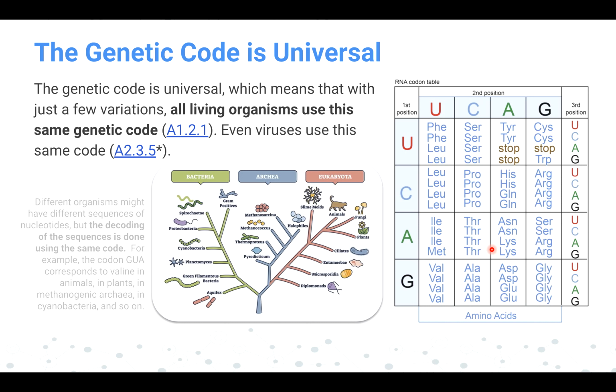This is the language of the DNA, the dictionary we are talking about. For example, GUA: this is G, this is U, and this is A. It codes for valine. Valine in animals, plants, bacteria, or cyanobacteria is the same valine. It's not going to change. That's what defines the universality of the genetic code.